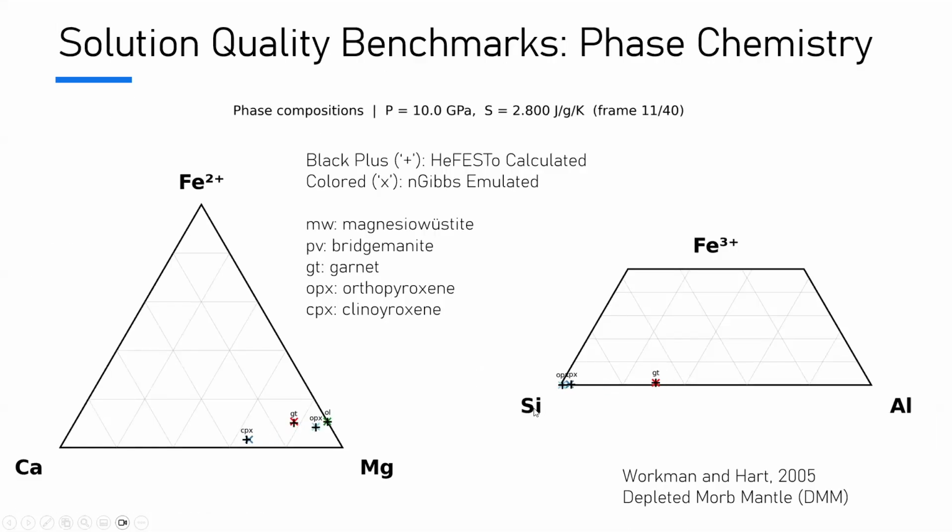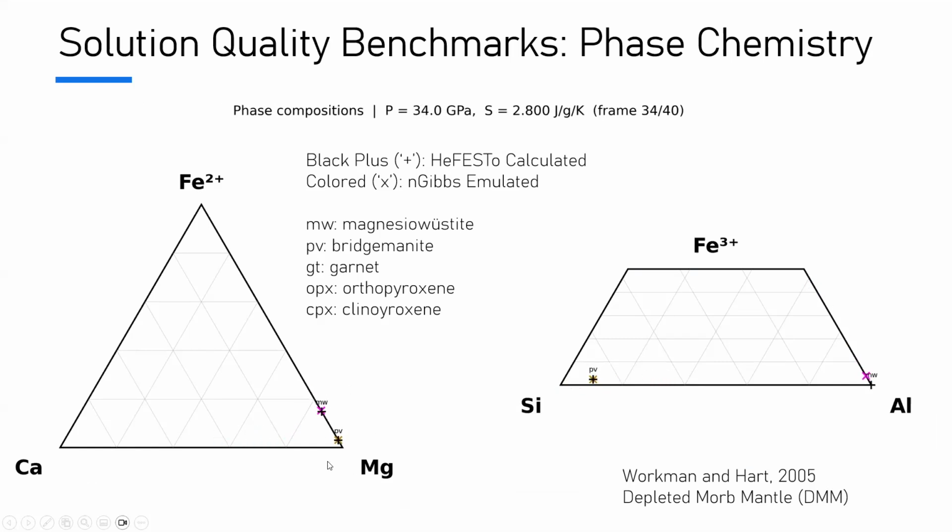I also wanted to just show how the compositional results look. So here I have two ternaries plotted, and I just stuck to one isentrope here, and we're going up in pressure up to 40 GPa. So on the left we have iron, magnesium, calcium, and just various phases and their emulations done in HeFESTO and in Gibbs.